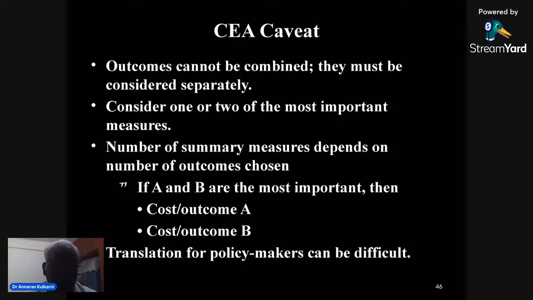However, the cost in these two summary measures is the same. So the ratios are somewhat misleading. This makes cost effectiveness ratios using natural units difficult for the policymaker to translate. So in such situations, they use cost benefit analysis or cost utility analysis. That is much better.